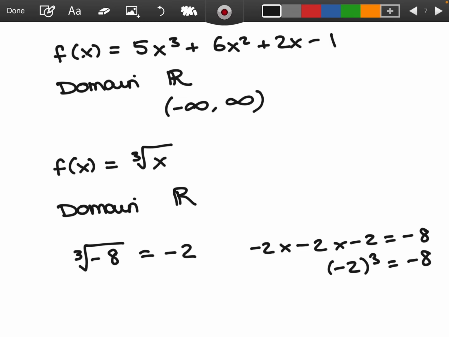So -2 cubed is -8. 2 cubed is +8. So unlike with the square root case, I only have one value for each one of my cube roots. It's not like a square root where I have to worry about positive and negative. That doesn't work with cube roots. It just gives you a single value.